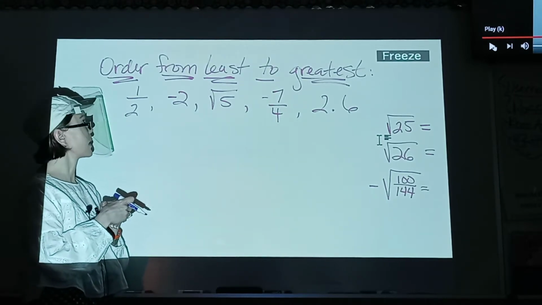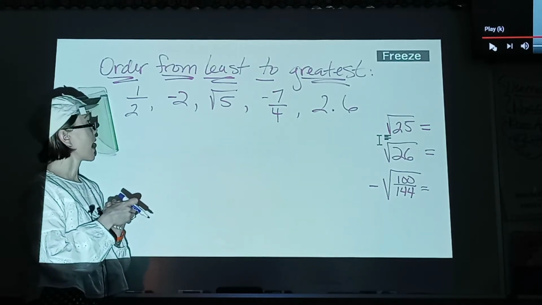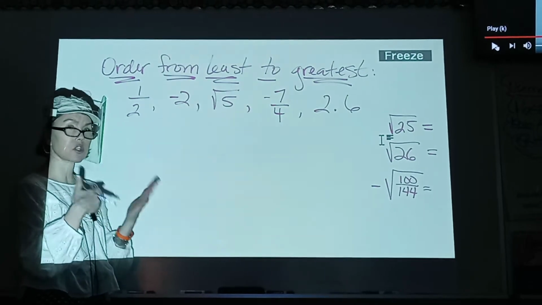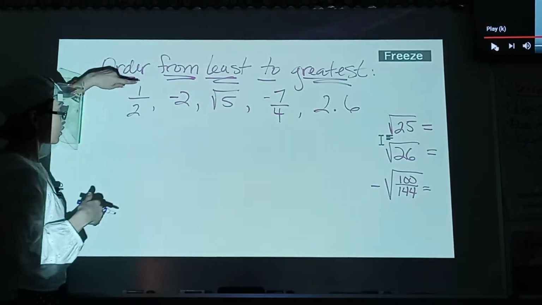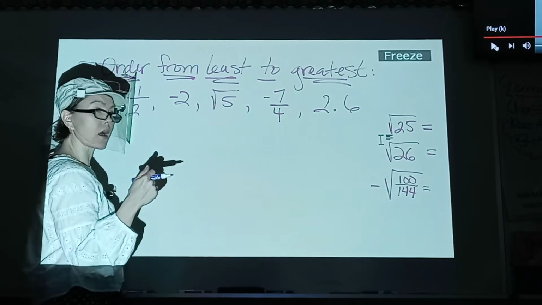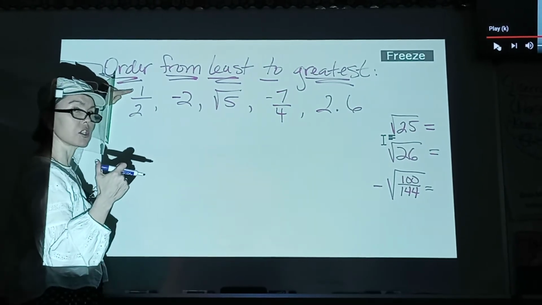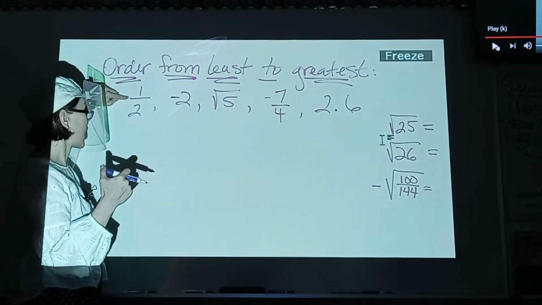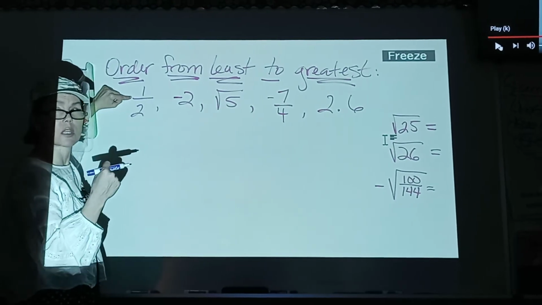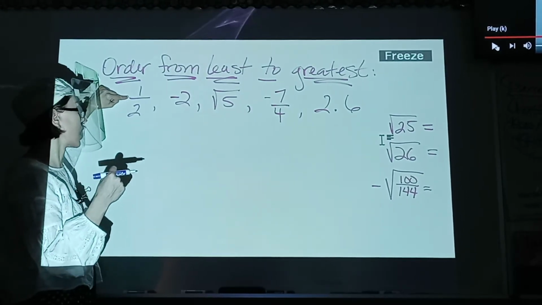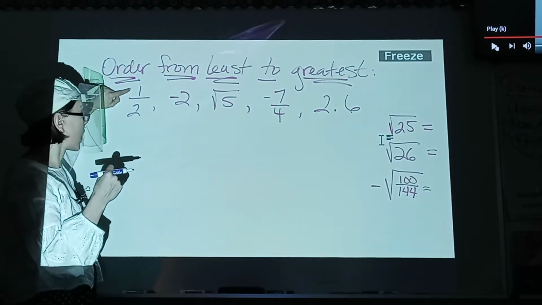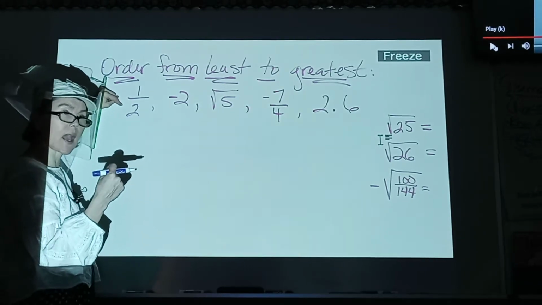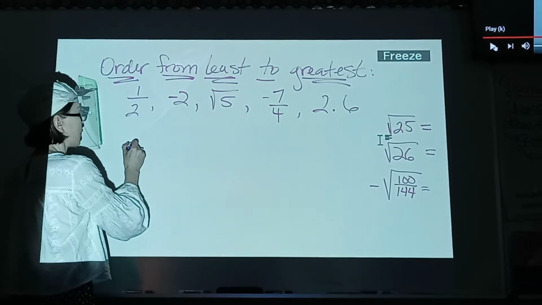How do we, with the calculator, change that 1/2 into a decimal? You take the numerator, punch in 1, right? Then this line here is a division symbol, that means divide. So 1 divided by 2 in the calculator, and you should get 0.5.